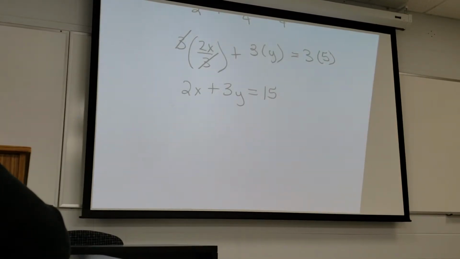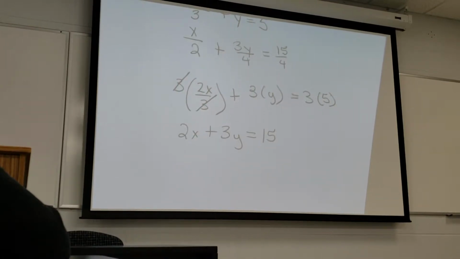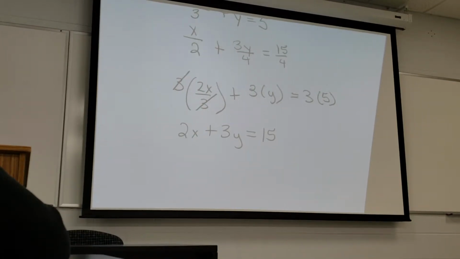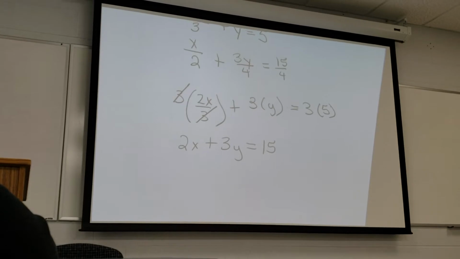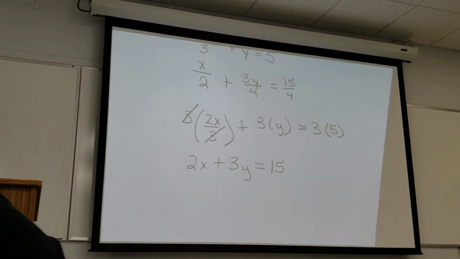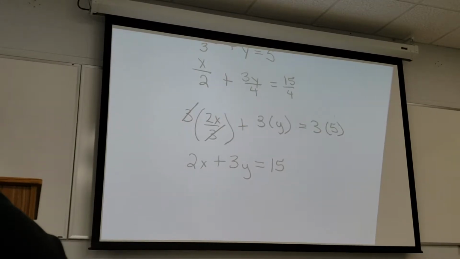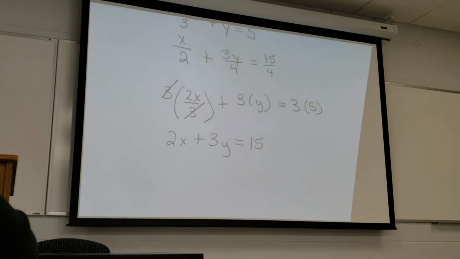For the second one, x over 2 plus 3y over 4 is equal to 15 over 4. What is my lowest common denominator? 4. It is the smallest number that each number in the denominator will divide into evenly.